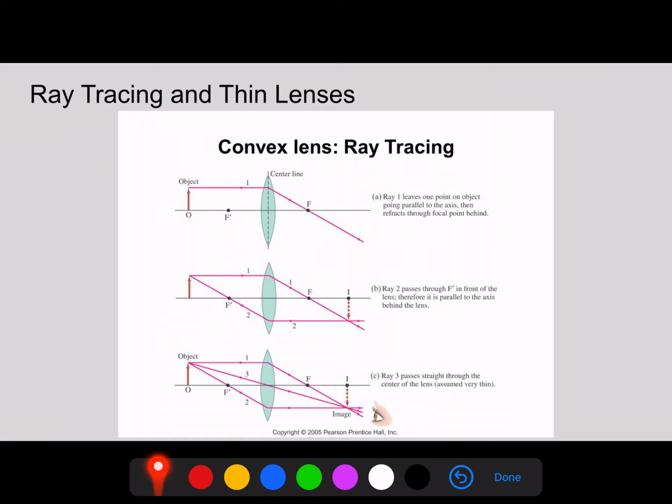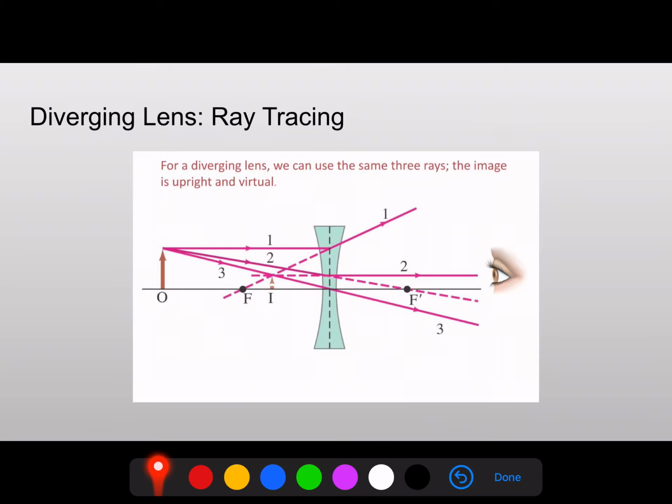So what happens if I have a diverging lens? This is a lot more complicated, but we can also use ray tracing to help us here. For a diverging lens, the ray that goes in parallel is going to diverge, right? All of these rays will somehow diverge from where they were originally pointed. And we can draw the three rays and we see that they're not going to converge on a single point on the other side.